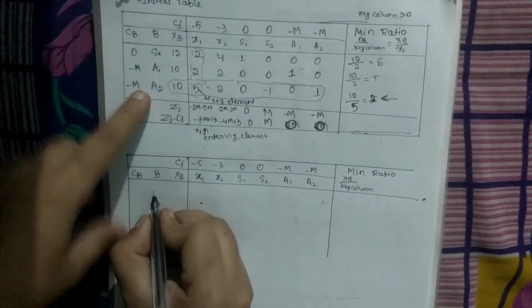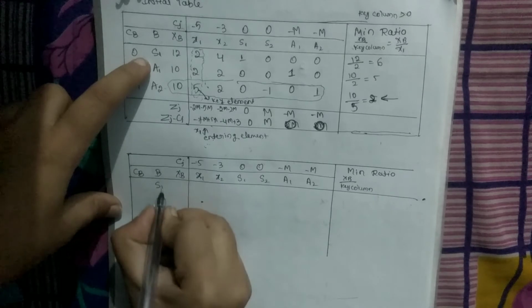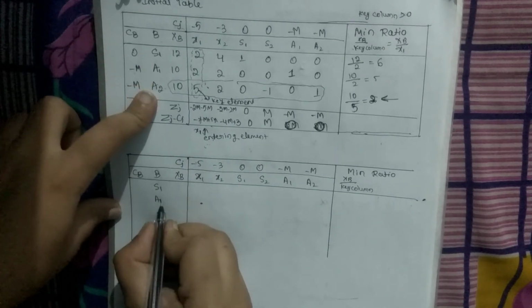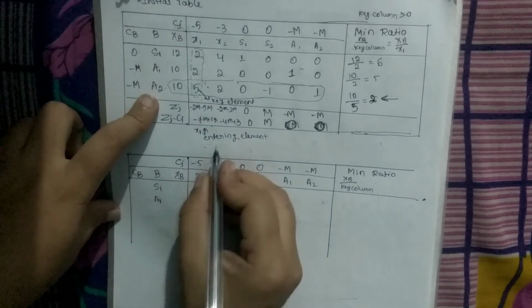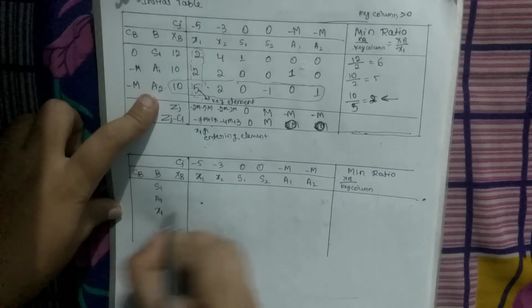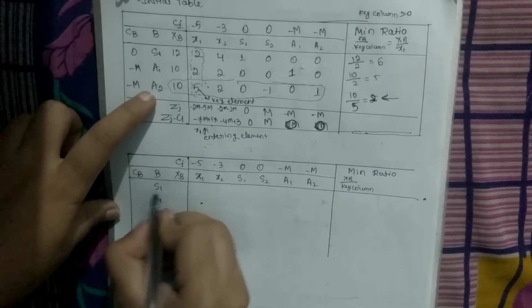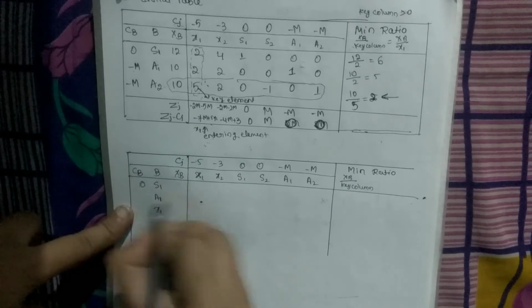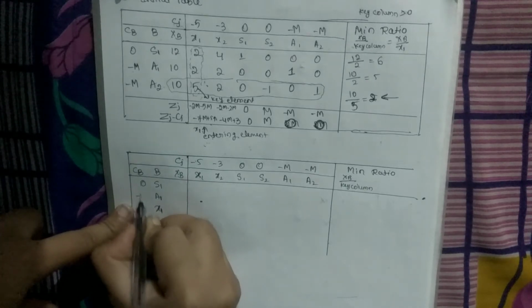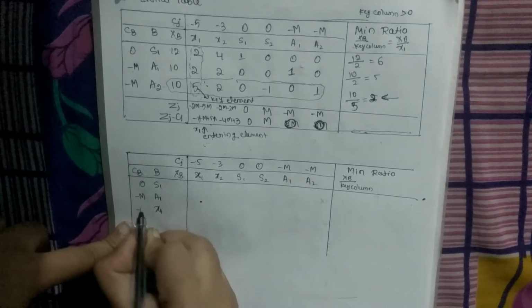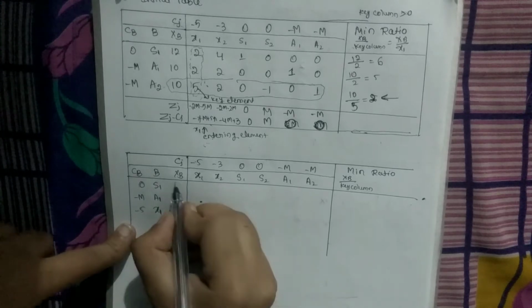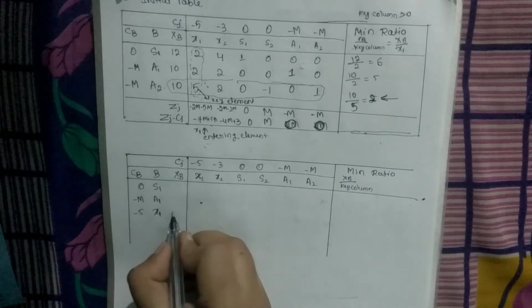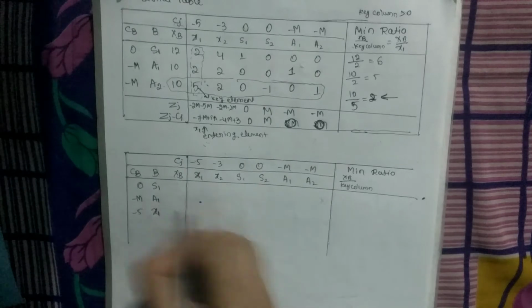So basic variables are s1, a1, and a2 is leaving element, x1 is entering, so x1, and coefficients of s1 is 0, a1 is minus m, x1 is minus 5, and xb is, we have to calculate this.